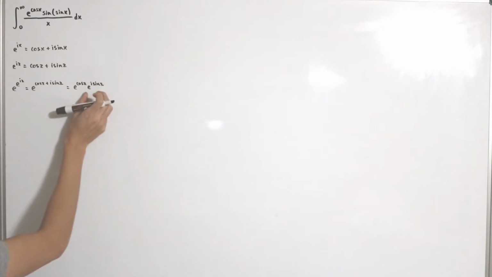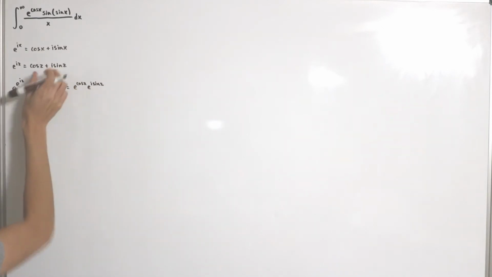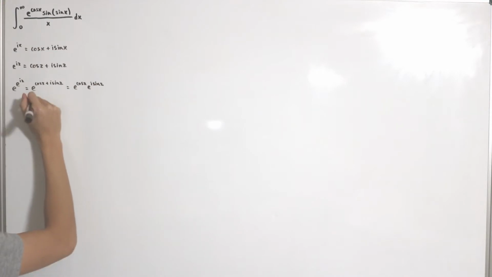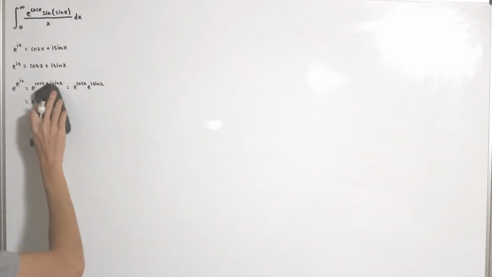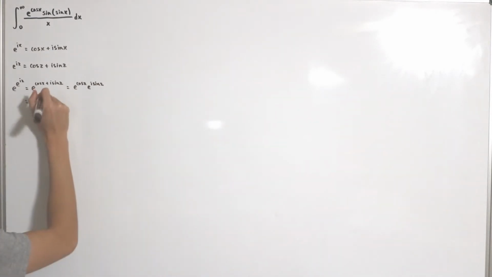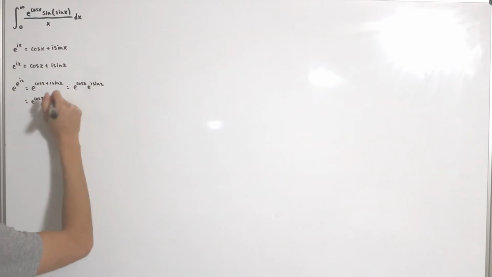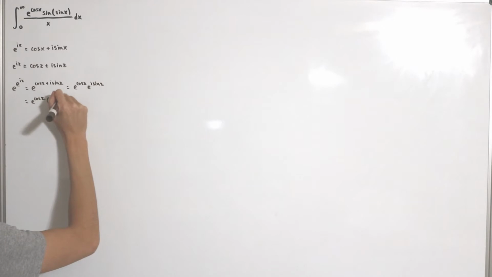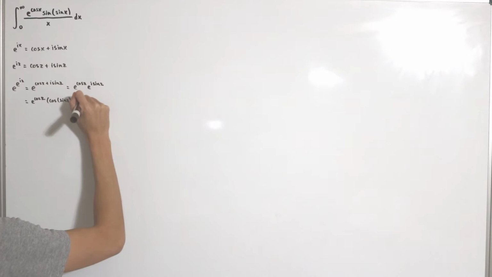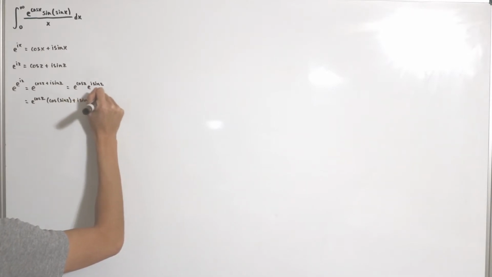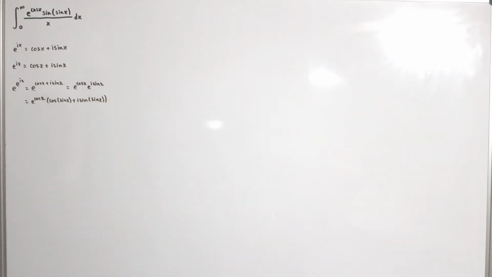But notice that we can also use Euler's formula to convert this to the following: e to the power cosine z, then multiplied by Euler's formula, which is cosine of sine of z, plus i times sine of sine of z. Nice, that's all we can do for now, and this will come in handy later.